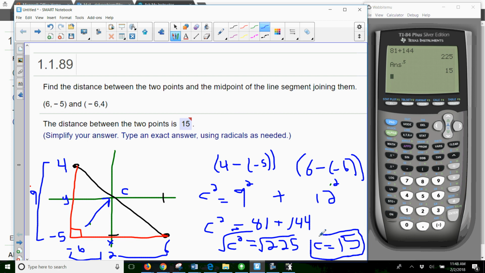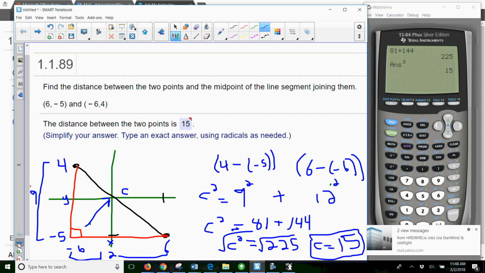Now, I used the Pythagorean theorem purposely because I wanted to relate this to the distance formula. You notice here's c, which is the hypotenuse, that is the distance, and that's the square root of the sum of the squares.